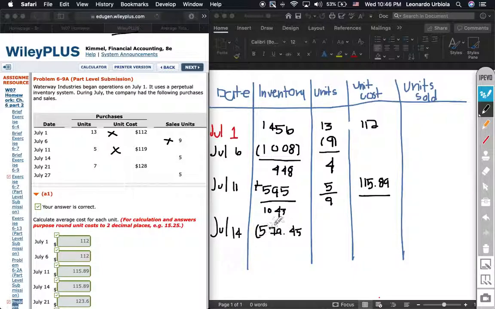And because we sold this amount, it's going to be negative, and we sold 5 units, which is also negative. So now we had 9 units before, right? So now we will have only 4 units.